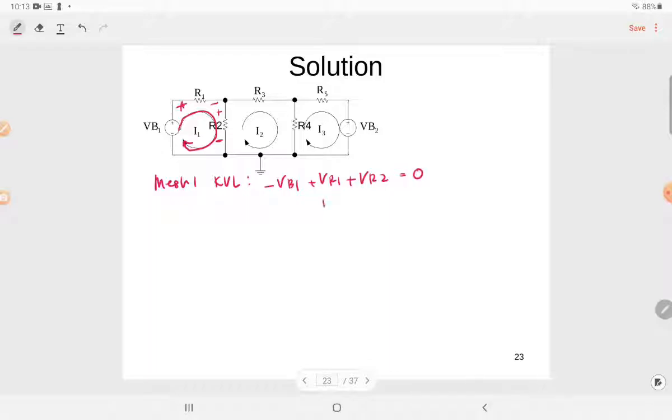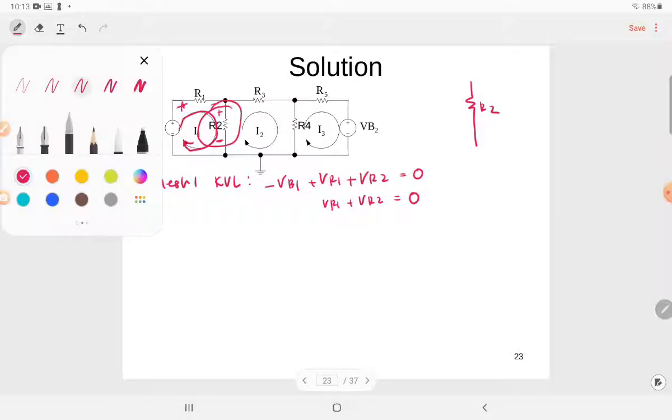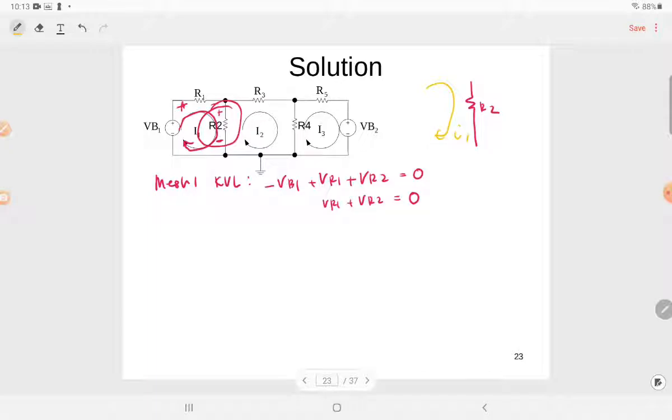One more thing I need to emphasize: at R2, you have two currents flowing. Let's say this is your R2. The first current flowing in R2 is I1 over here, and another current is I2 over here.